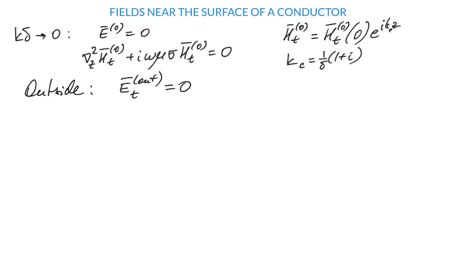The normal component, in fact, can be large outside because epsilon is discontinuous. Now, in addition, because the normal component of the B field is continuous, the divergence equation for B tells us that B normal out should be equal to B normal in.